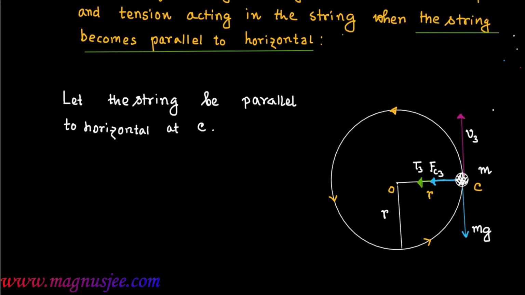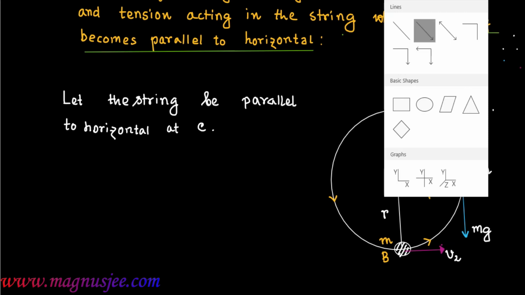And also we can draw another radius, and when the body was at the lowest point B, m is the mass of the body at the point B, and at the point B the body has a tendency to move along the tangent with velocity V2.